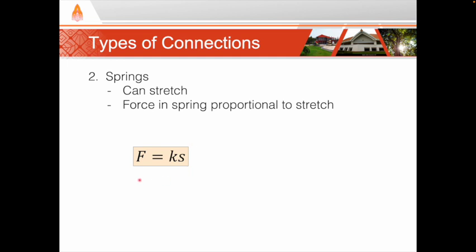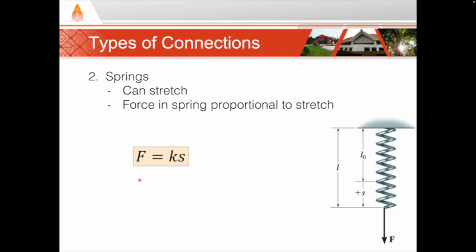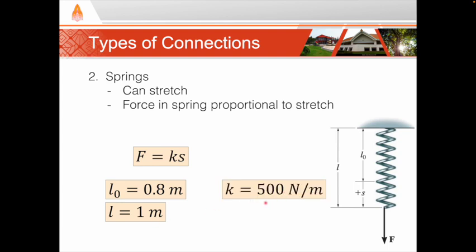For example, let's say that this spring has a length of 0.8 meters when it is not stretched. Then we stretch it and the length becomes 1 meter. Let's say we also know that the constant for the spring is 500 newtons per meter.